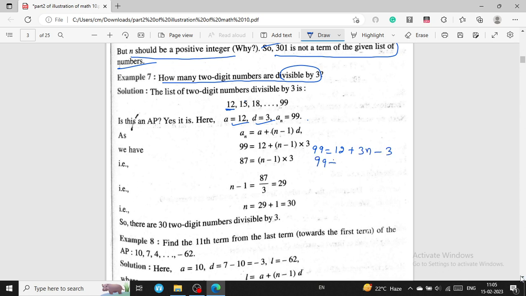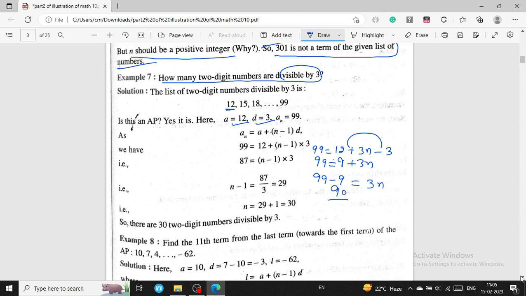99 is equal to 9 plus 3n, since 12 minus 3 is 9. 99 minus 9 is equal to 3n.